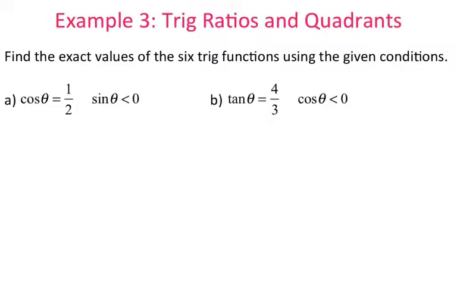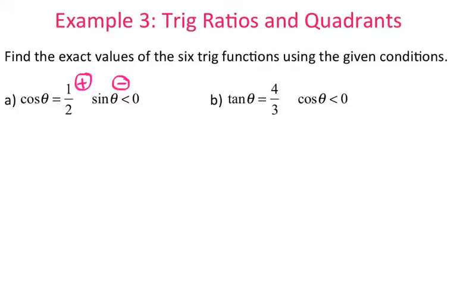Now that I know how the signs of the quadrants relate to the trig functions, I can find exact values of 6 trig functions using the given trig function and the sign of another trig function. So I am given that cosine of theta is 1/2. Well, the value of 1/2 you can clearly see is positive. And I'm also given the fact that sine of theta is less than 0, so that means sine is negative.